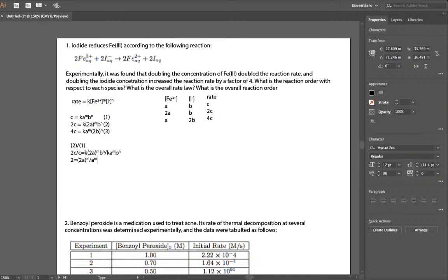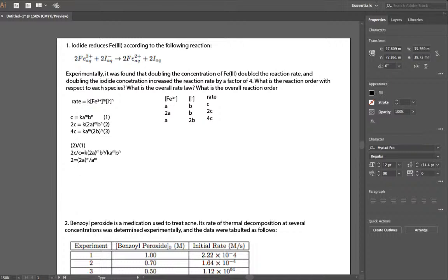With this, you can use the power law to find what M is, because you know the power law and how it works. Basically, M here would be distributed among each of them. So that would be 2 to the power of M, multiplied by A to the power of M. But A to the power of M divided by A to the power of M would be 1.